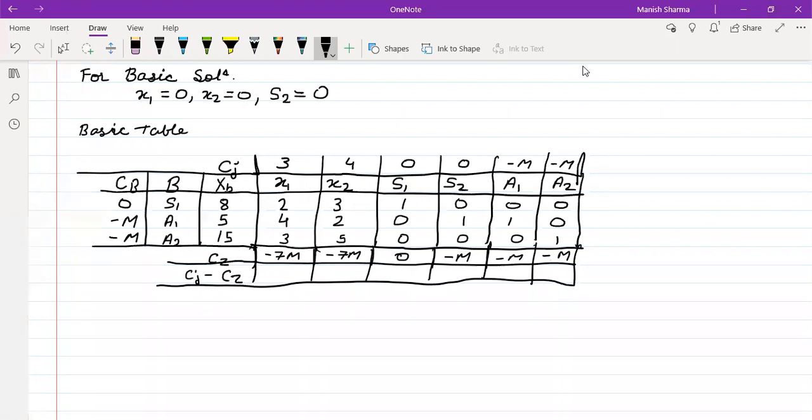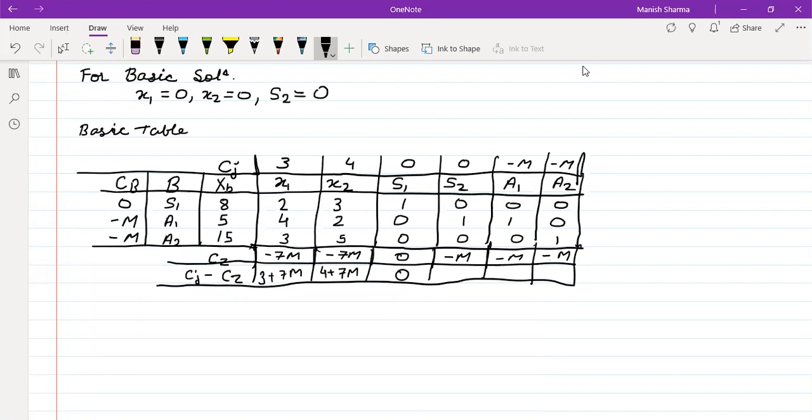Now Cj minus Zj: 3 minus of minus 7M, so this will be 3 plus 7M. This will be 4 plus 7M. This will be 0.